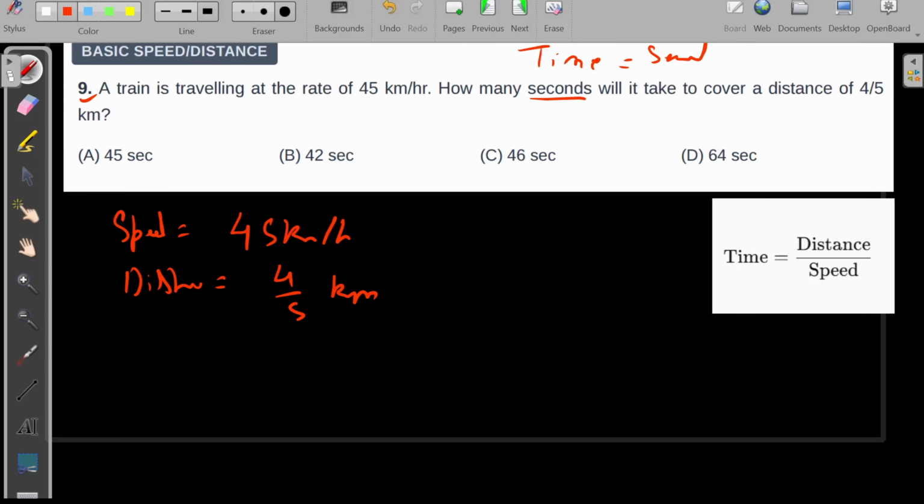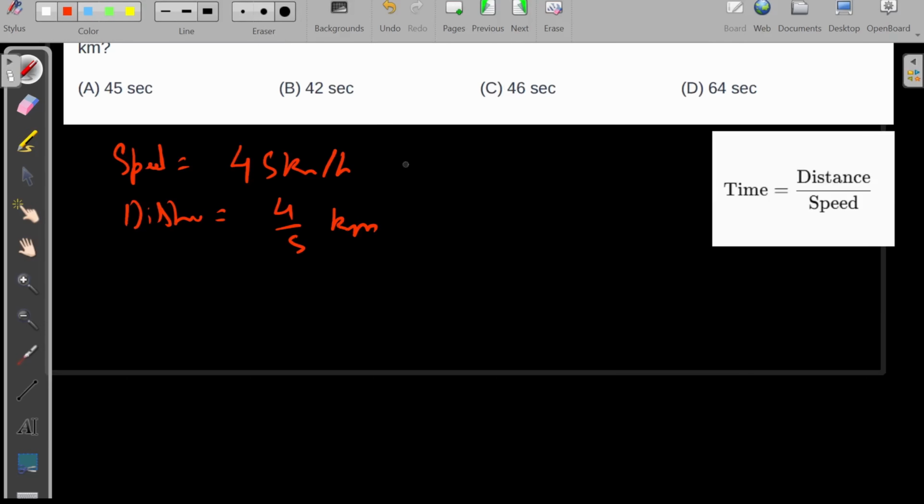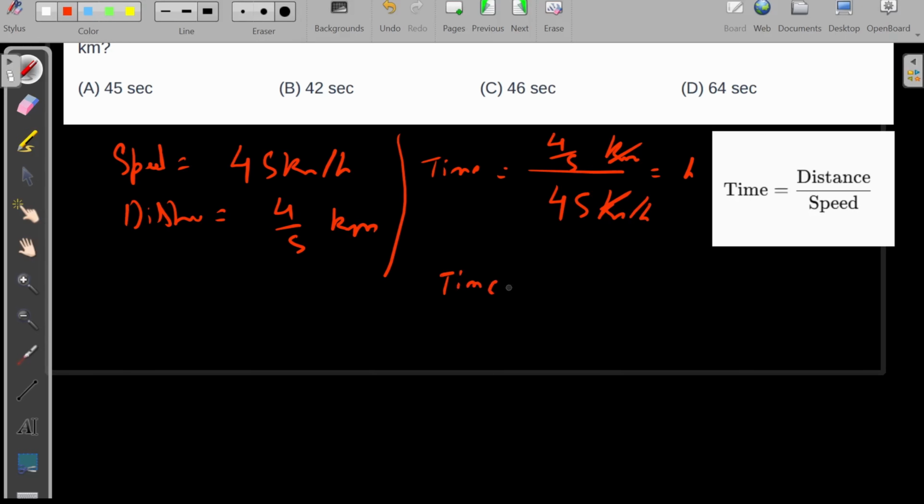In order to solve this question, I will use this formula, which is time equals distance over speed. So let me write here, time equals distance, which we know is 4/5, over speed, 45 km per hour, and this one is kilometer, so kilometer cancels and would give me an hour. So what about the value? I can simply flip the denominator, which is the speed. I can write here 4/5.